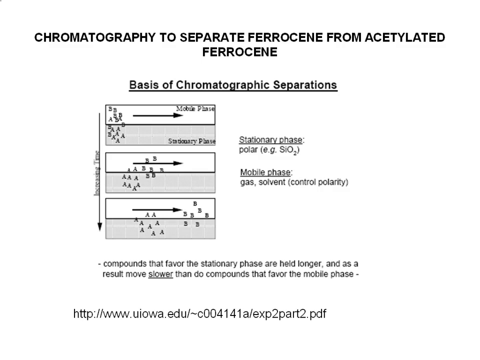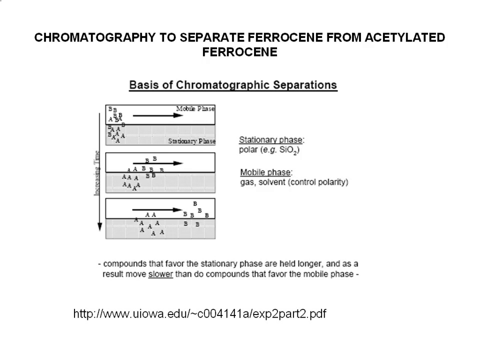So once you've done your reaction, you're going to want to separate the leftover starting ferrocene from acetylated ferrocene. And as you recall, we've already studied gas chromatography and done some chromatography before.